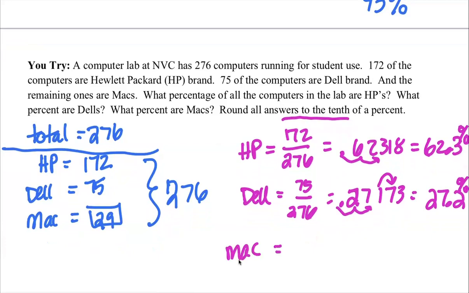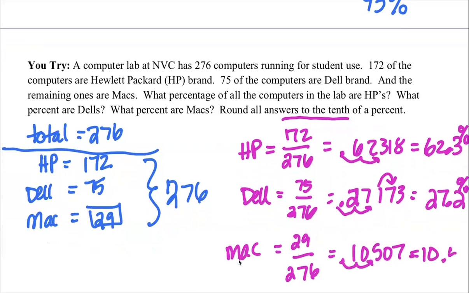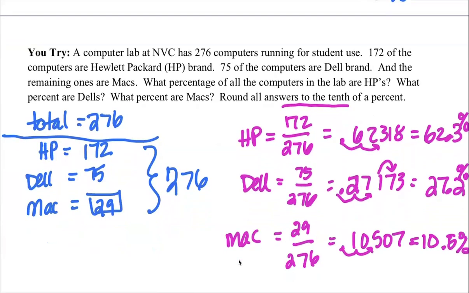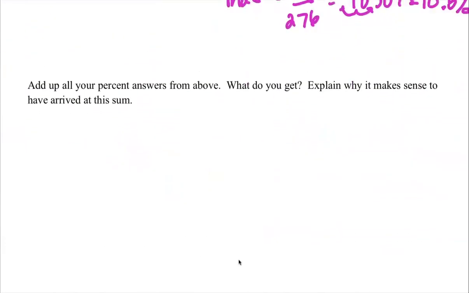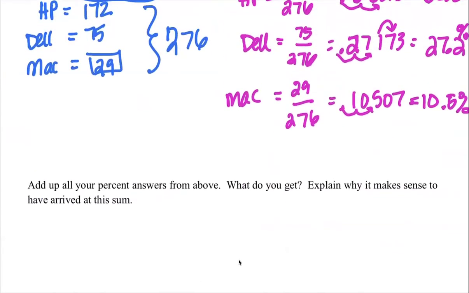For our Macs, we have 29 out of 276. 29 divided by 276 is 0.10507. Move that 2 places to the right to get it into percentage form, and that would be 10.5%. Add up all of your percentages from above, and what did we get?